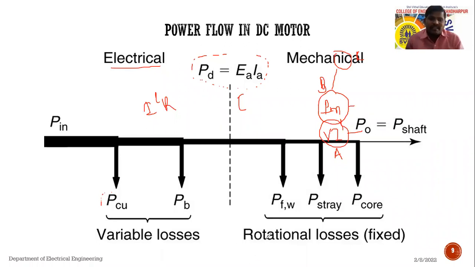These rotational losses come under the fixed losses, and this is the output power of the motor, which we get at the shaft of the machine. Output or power at the shaft, we call it the output power of the motor. So this is the power flow diagram, or the power flow in case of DC motor.